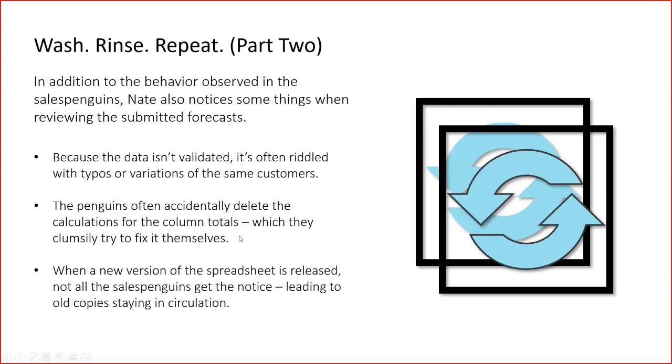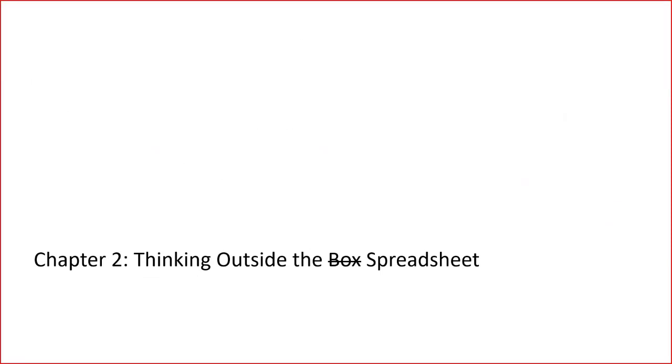On top of that, Nate also notices that when reviewing the submitted forecast, there are typos everywhere. There are columns that got messed up, calculated columns that got thrown off, and there are still old copies of the spreadsheet in circulation. So it's at this point that the gears in Nate's head start turning and he begins to see beyond the spreadsheet.